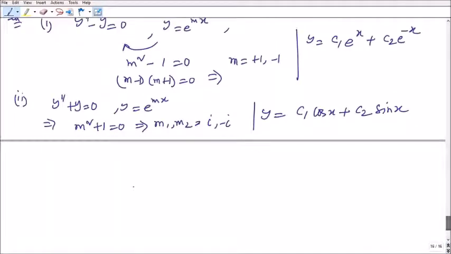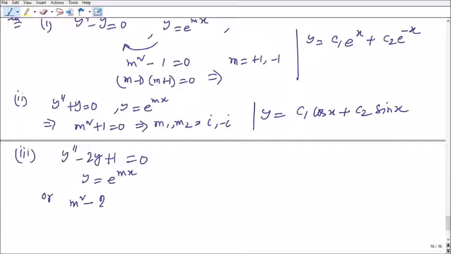Now let us discuss the third example. If the differential equation is y double dash minus 2y dash plus y equal to 0, and y equal to e to the power mx is the trial solution, then we can write m square minus 2m plus 1 equal to 0, that is (m minus 1) whole square equal to 0.